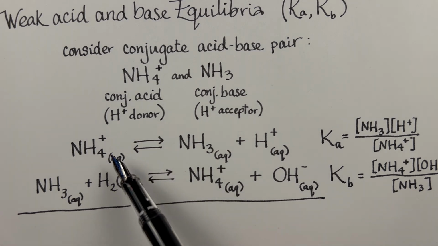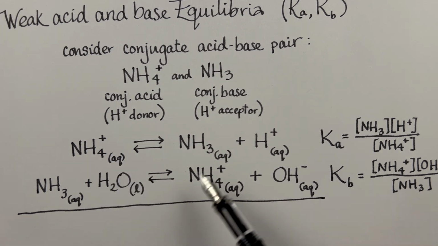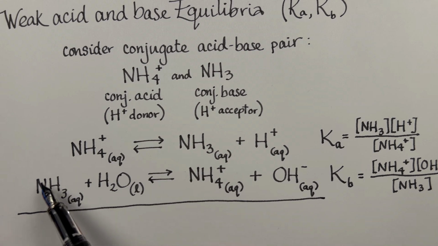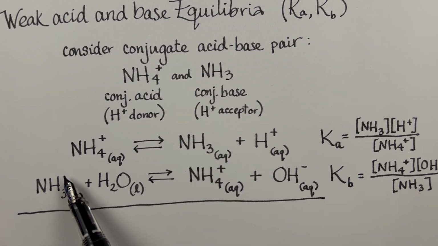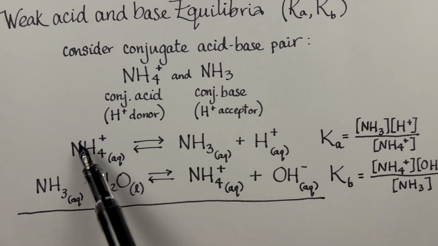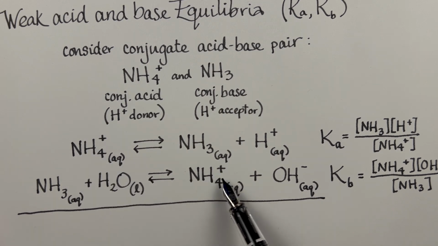And in this case, you can add them up, and because NH3 appears as a reactant and as a product, those can actually cancel out, and same with our NH4. So let's look at what this looks like.